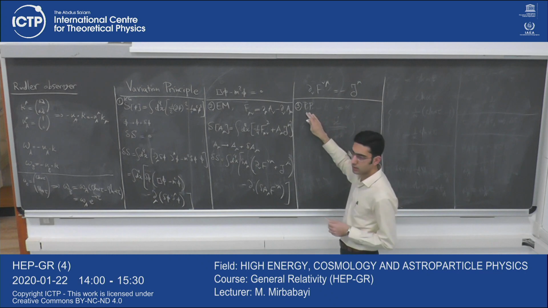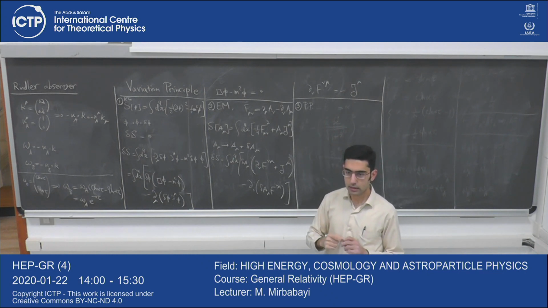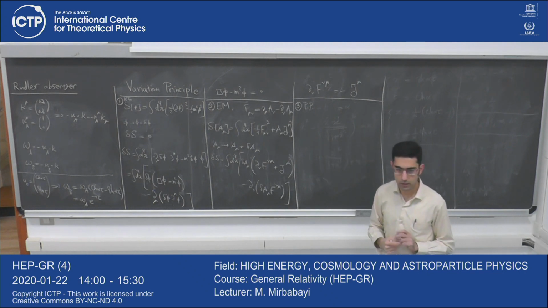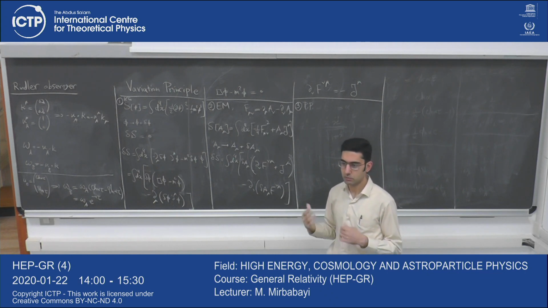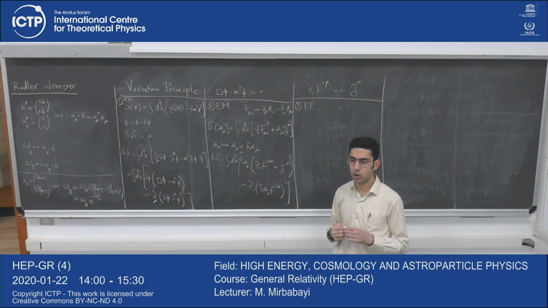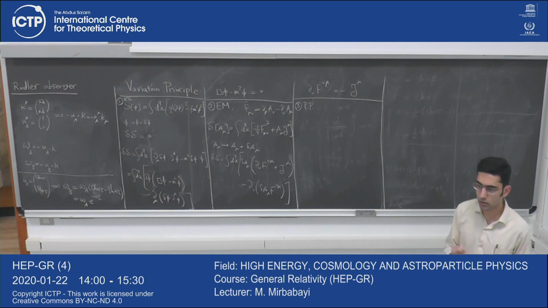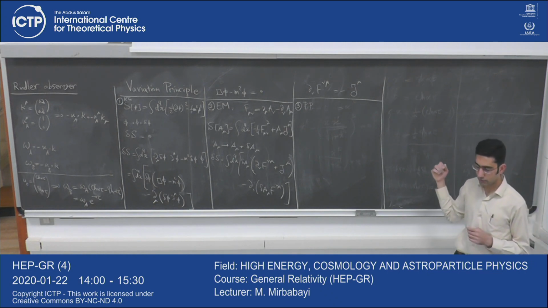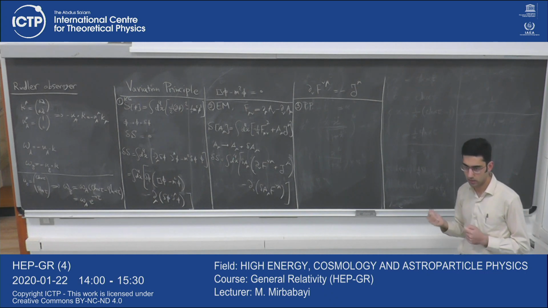Because this point particle action is an action that we write for a particle that lives on some background field, moves on some background field. Depending on what background field we have, we modify this point particle action to incorporate the coupling of this particle to the background field. And the variation of this action should give us the equation of motion for that particle.